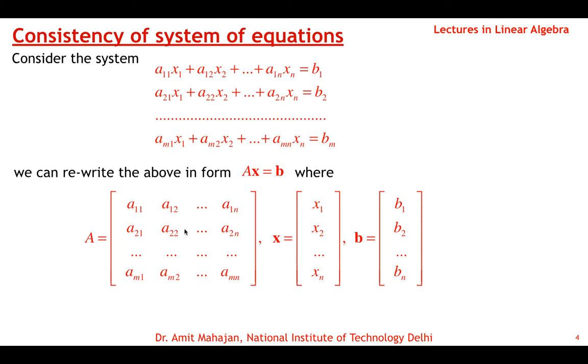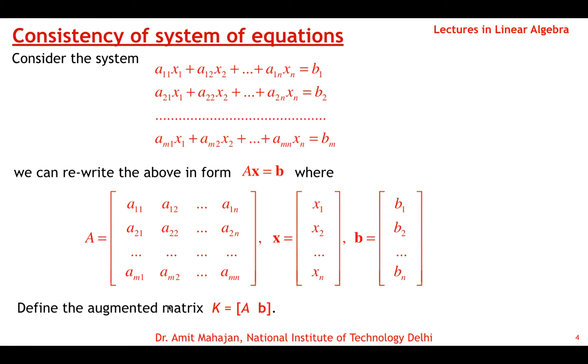We know how to solve Ax equal to b by writing the augmented matrix, which we get by writing the two matrices A and B together inside a single matrix.